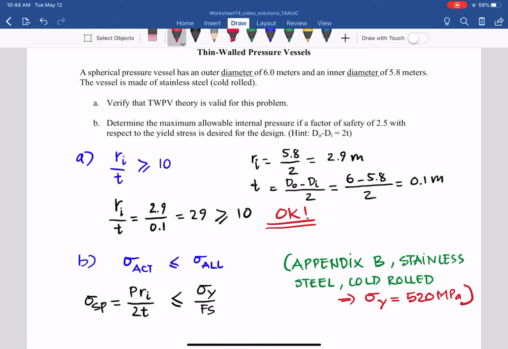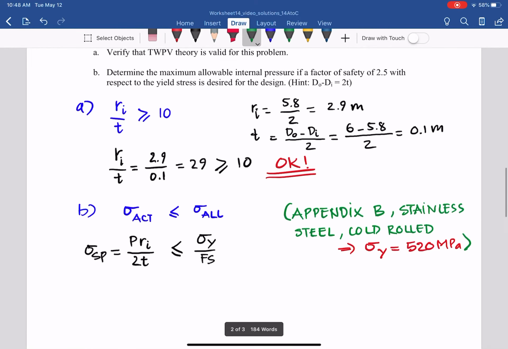So from that, we can plug into this equation.